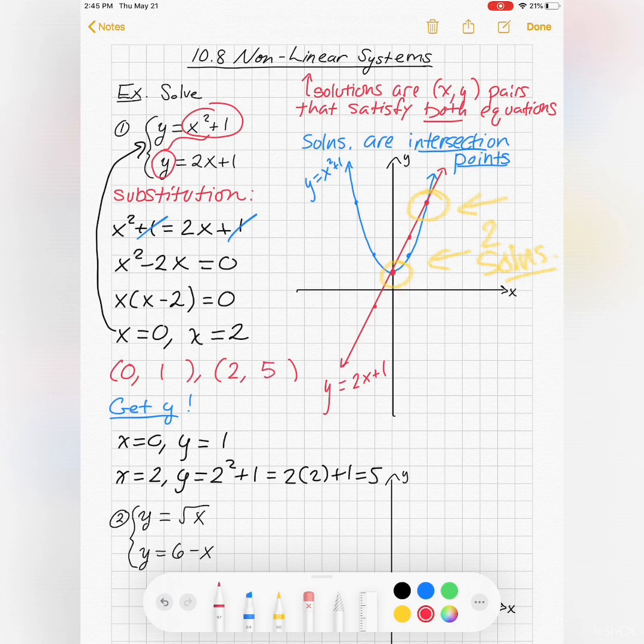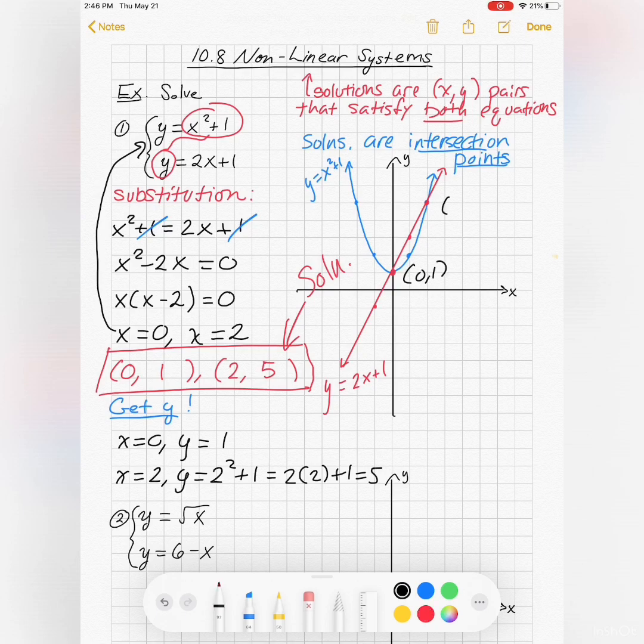So I can see those work in both equations. These are my answers here, so this is what I would box. That's my solution. Then if I look back up at my graph here, do those look right? That looks like 0, 1, and that looks like 2, 5. So indeed, I found my two solutions.